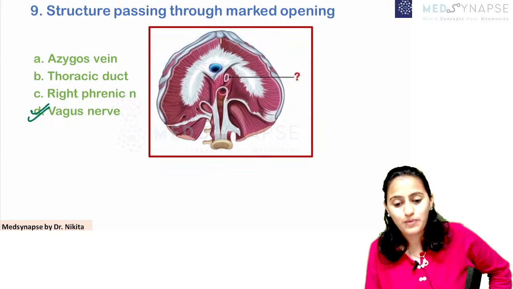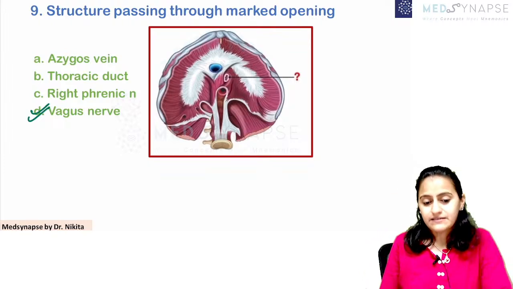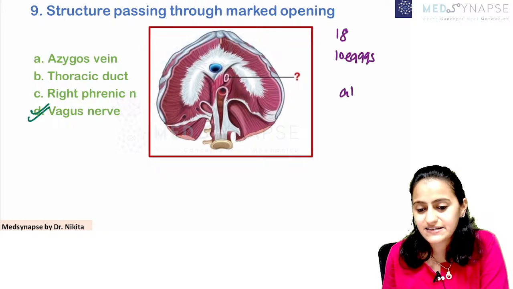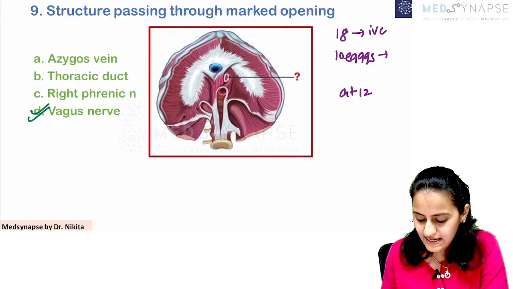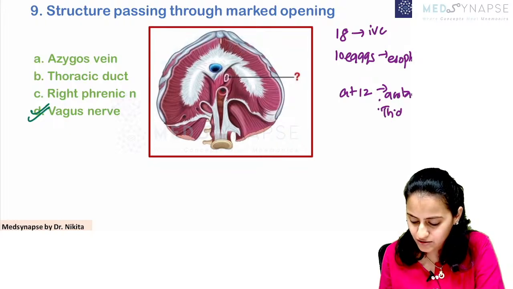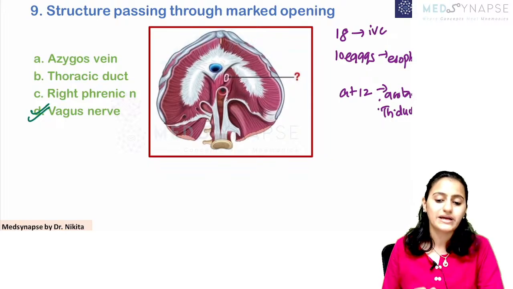Okay, that is vagus. So look at the diaphragmatic openings, very, very important. The first mnemonic is I ate 10 eggs at 12. I ate is IVC at T8, eggs is esophagus at T10, AT is aorta at T12, and T stands for thoracic duct. So aorta and thoracic duct go together.